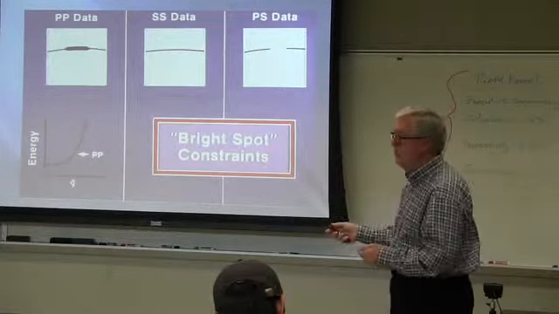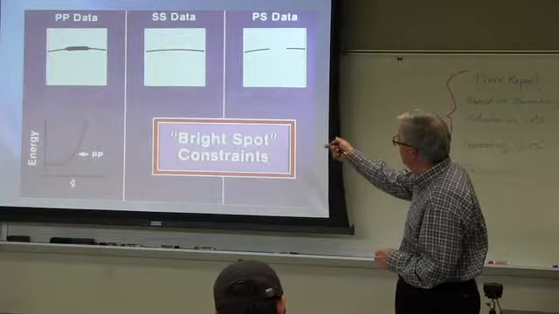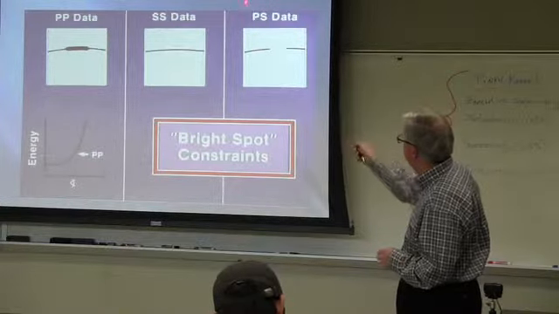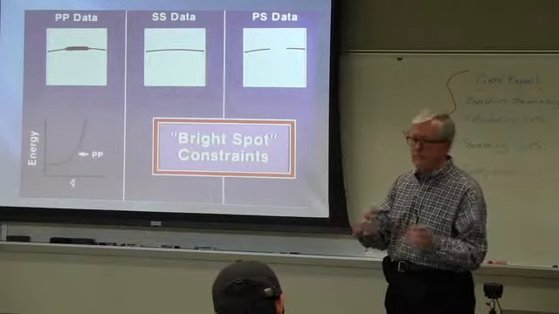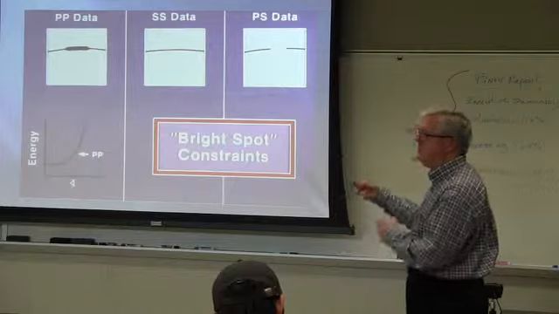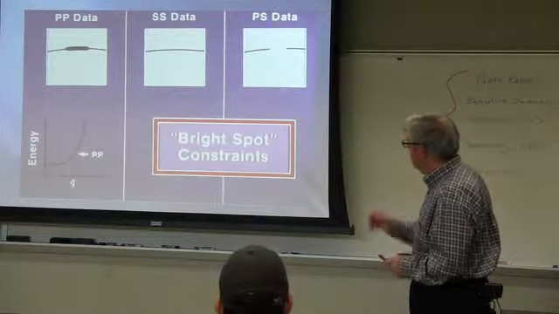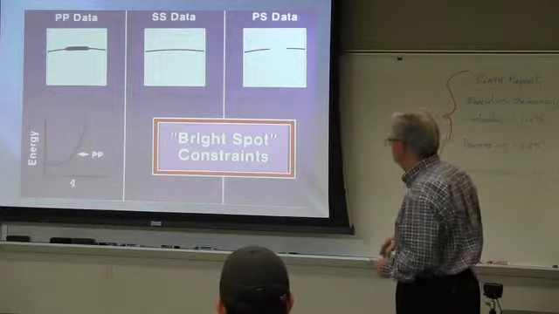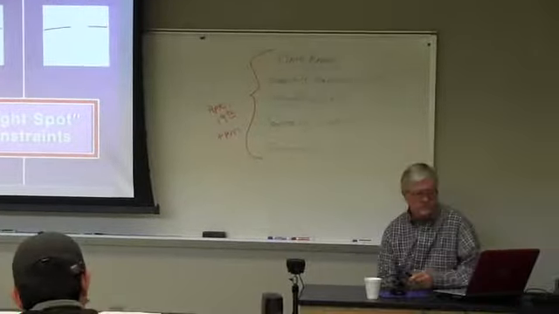And so that's an underscoring of what you'll see later with real data when we talk about PP data, SS data, and the mode converted shear wave, sometimes known as C wave data, because it's converted wave data. So PSC, converted, or PS, your choice. So that's sort of an overriding bright spot recipe.